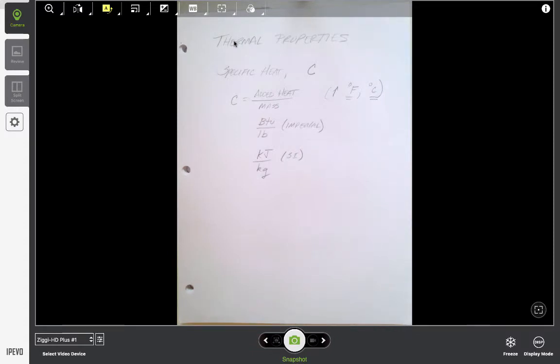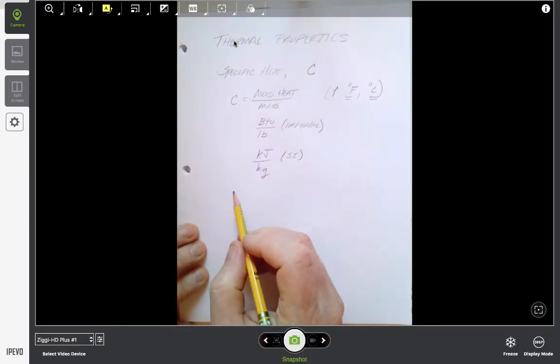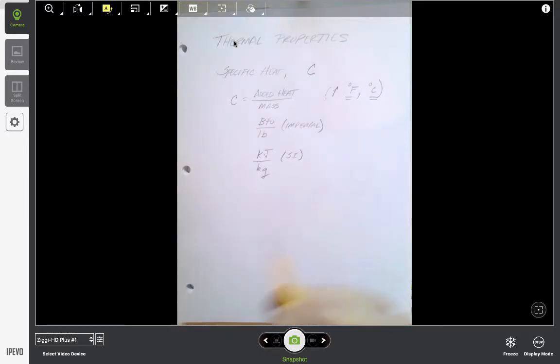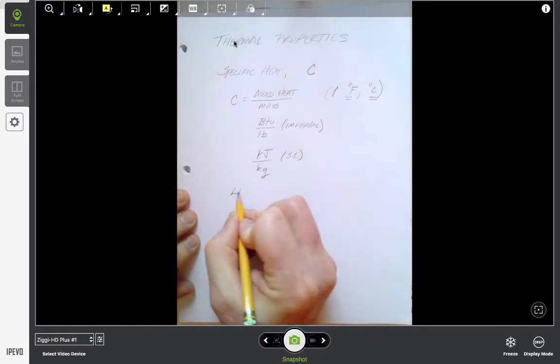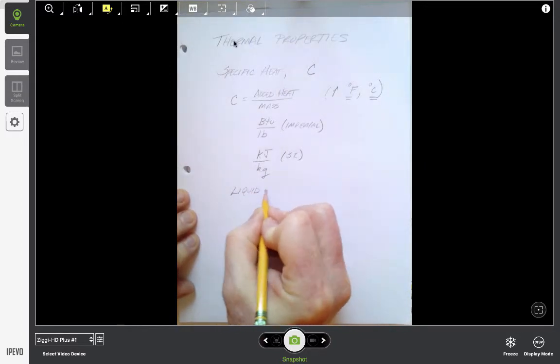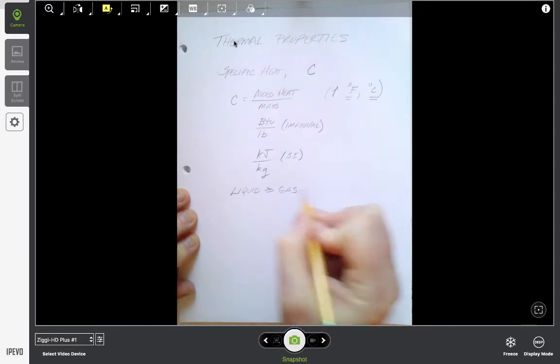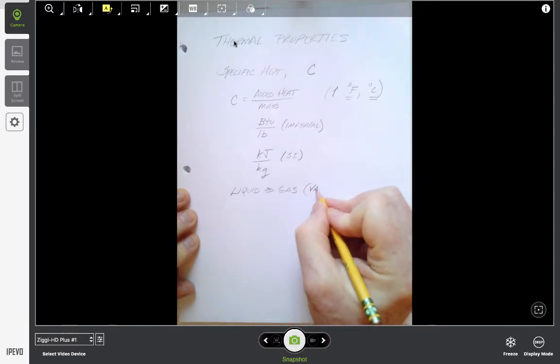The specific heat, in addition to looking like a constant, also depends on what the temperature change itself is, the delta T, and whether the material goes through a phase change. A phase change from liquid to gas is called vaporization.